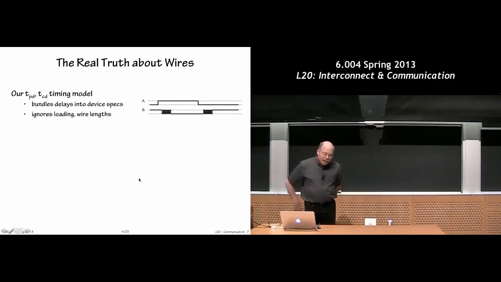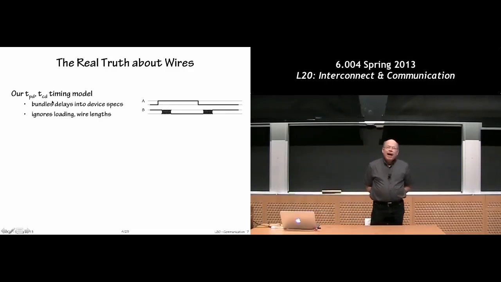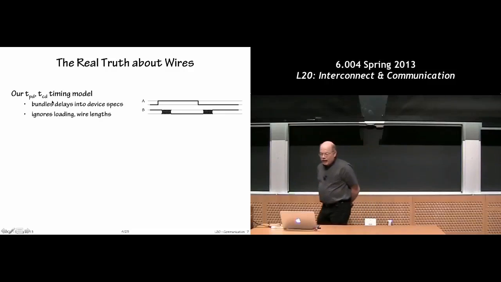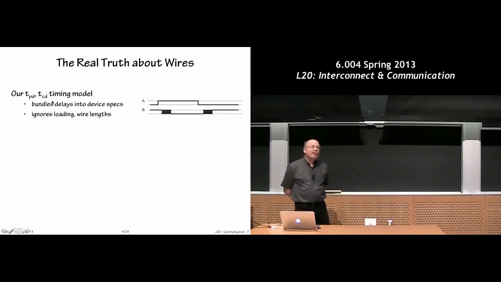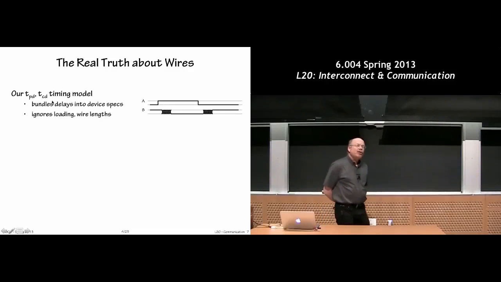And so the answer sort of is, well, we developed an abstraction where we bundled all the delay, the intrinsic delay of the gate, plus the delay of putting information out and charging and discharging all that capacitance, into one timing number. And that was a convenient abstraction that made it easy to think about the timing of a circuit.